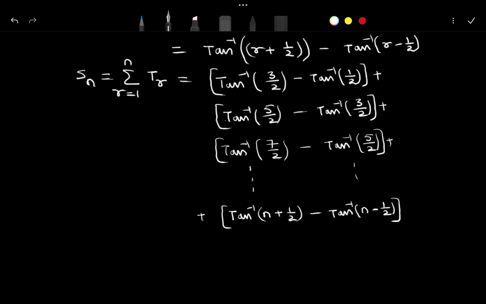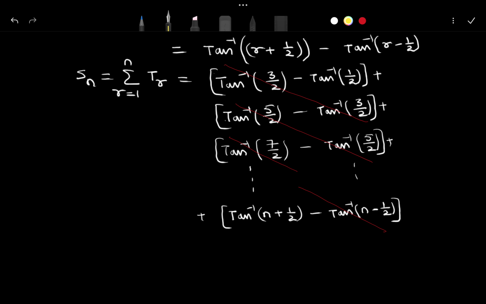Now by observing this, you see that tan inverse 3/2 minus tan inverse 3/2 cancel, plus tan inverse 5/2 minus tan inverse 5/2 cancel, plus tan inverse 7/2 cancels, and so on. What are the remaining terms?